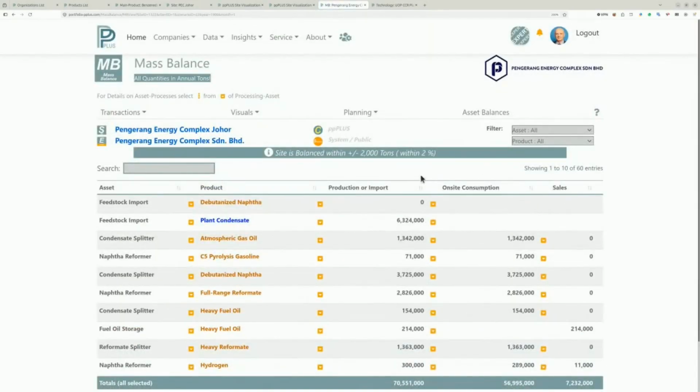As you can observe, we are very precise, with a precision of less than 2,000 tons, from the feedstock down to the products that go to the market, also taking into consideration the side streams, the off streams, and the waste streams.